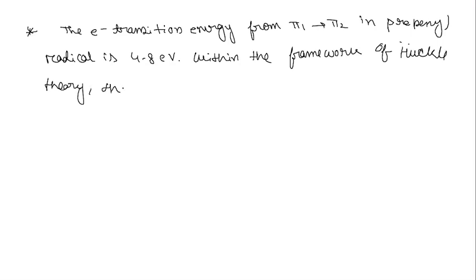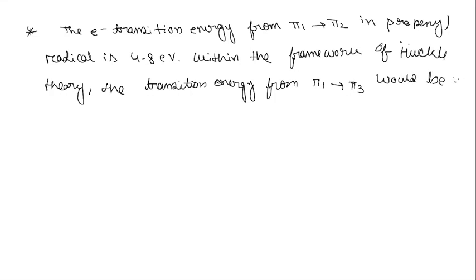Okay, this is the question. What will be the answer? First we have to draw the energy level diagram of the propyl radical. So what will be the energy level diagram? It is 3 carbons. These things are already discussed. You please read about it.